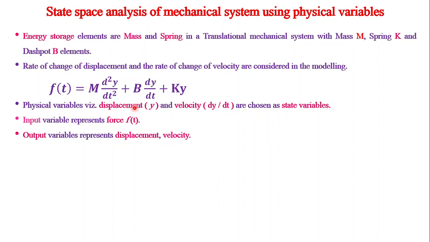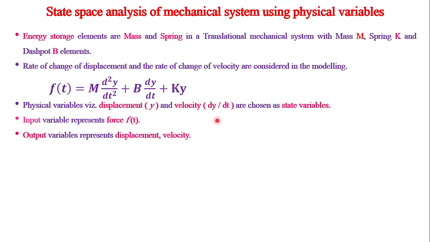So physical variables displacement y and velocity dy by dt are chosen as state variables. If y is the state variable, then dy by dt is the derivative of the state variable, the rate of change of displacement. dy by dt is the velocity, which is another state variable, and the derivative of velocity is d square y by dt square, which is the acceleration.